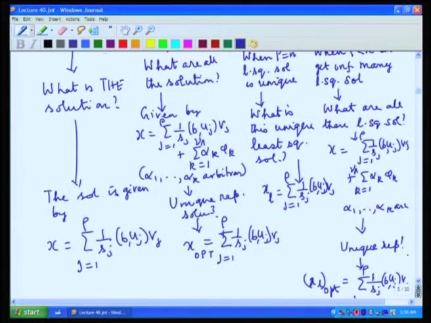So, thus we have the answers to this entire series of questions that we raised about a linear system of equations. We have the consistency situation, the non-consistency situation, consistency unique, consistency non-unique, inconsistent unique least square, inconsistent infinite least square.